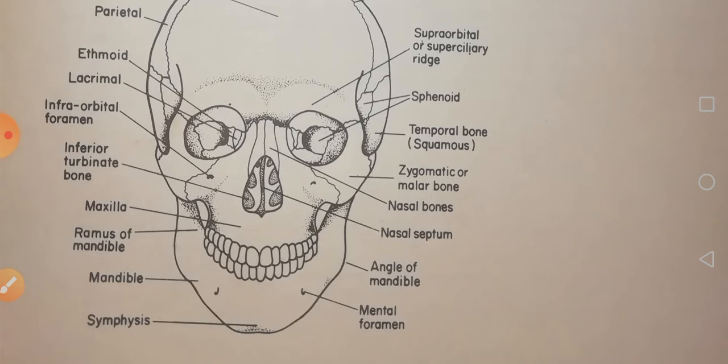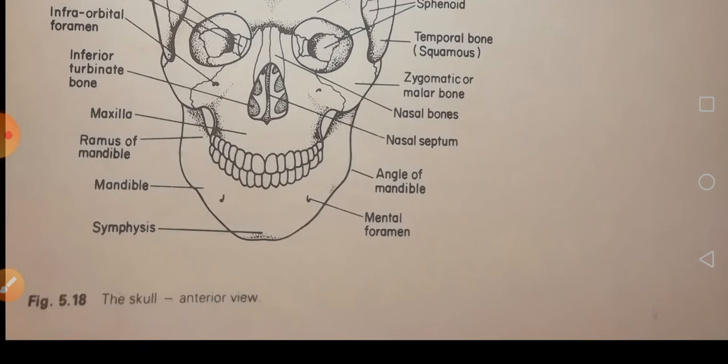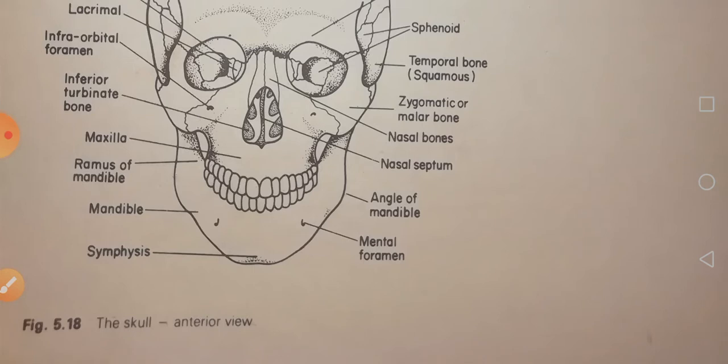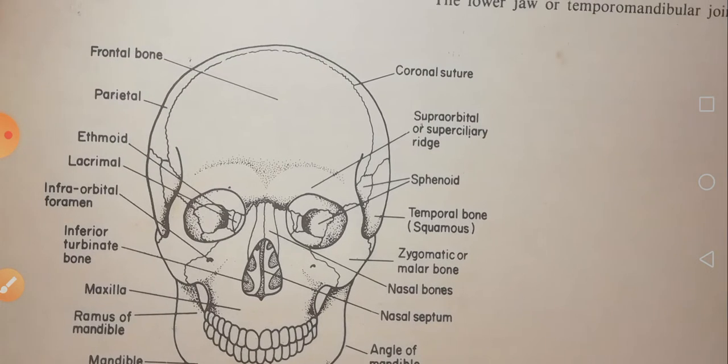Sphenoid bones, temporal bone, zygomatic, nasal bones, nasal septum, deviation of the two nostrils, mandible, jaw. Mandible is also called a jaw. Symphysis, mental foramen. This is the skull, parts of the skull.